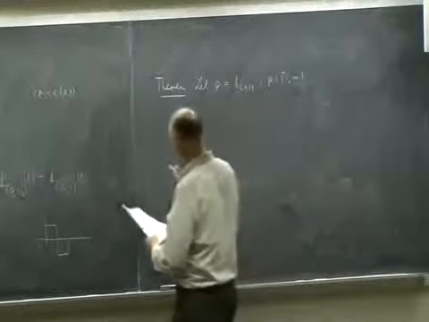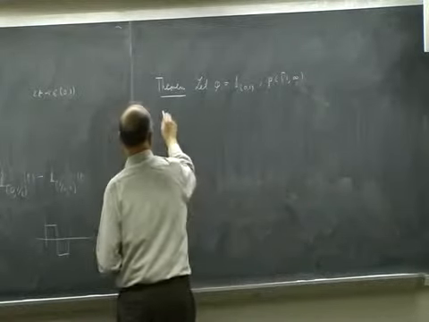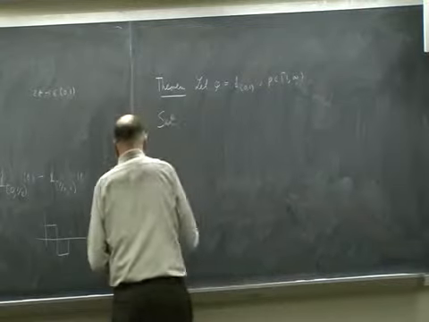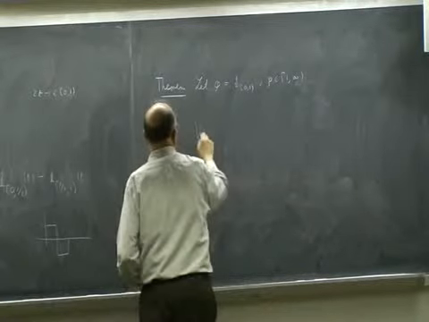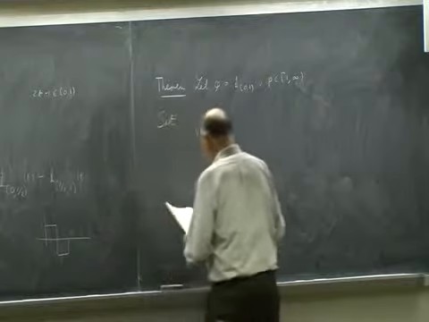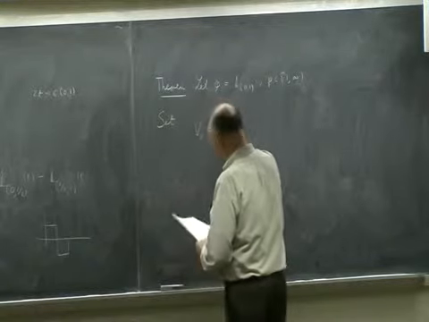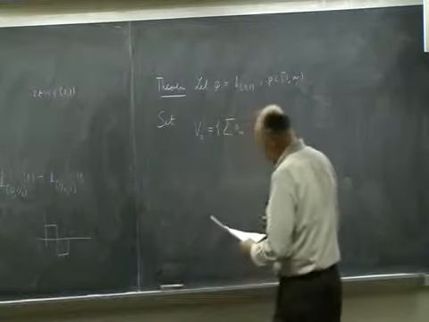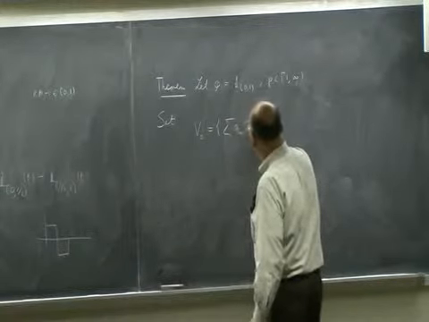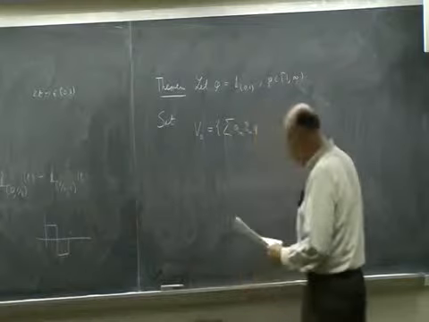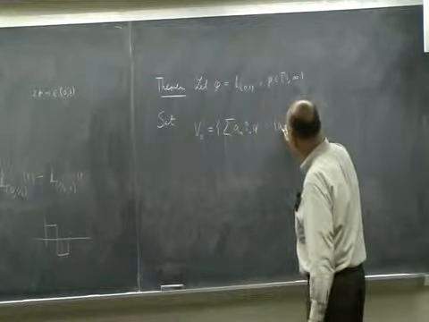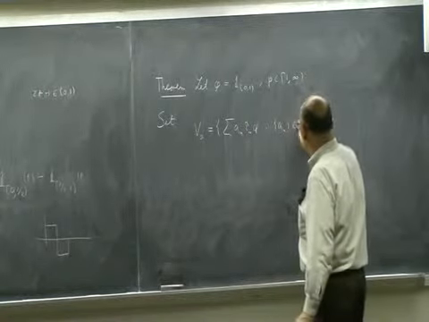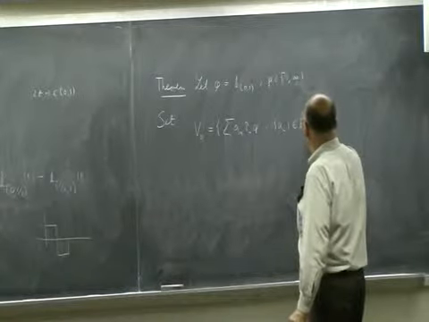And set V0 equal to the set of all sums of a_n times the translates by n of phi, where a_n is in little l^p.